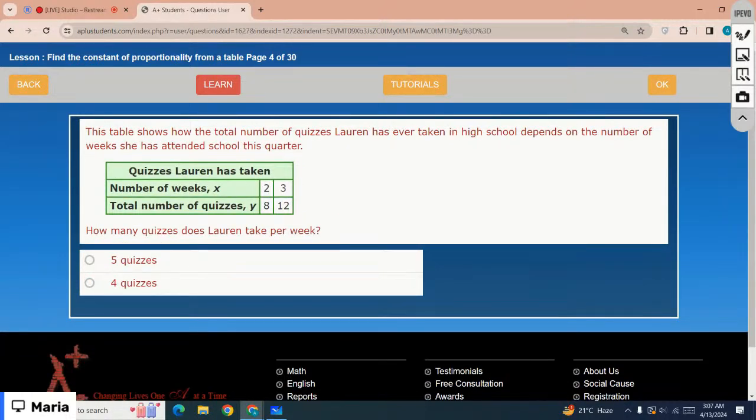This table shows how the total number of quizzes Lauren has ever taken in high school depends on the number of weeks she has started school this quarter. So, which is the correct option? That would be y over x, 8 over 2 and 12 over 3.